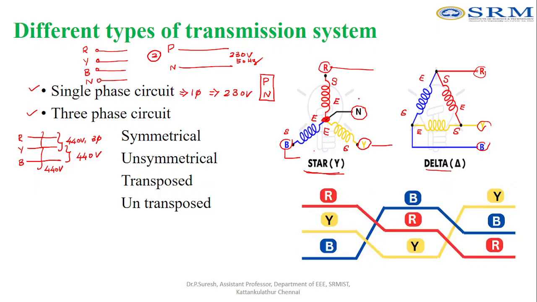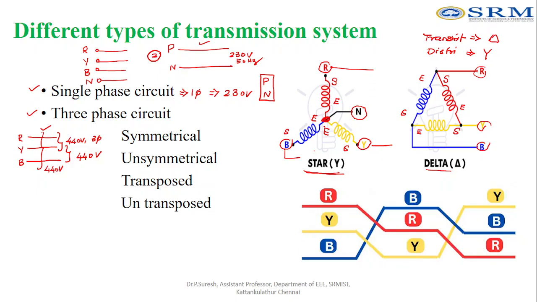Whenever we want to transmit the power from one place to another place, then we have to go for the delta connected system. To distribute the power, we have to go for a star connected system, because when you go for a star connected system, I can take both a single phase circuit as well as a 3 phase circuit, because for a single phase circuit I require neutral.